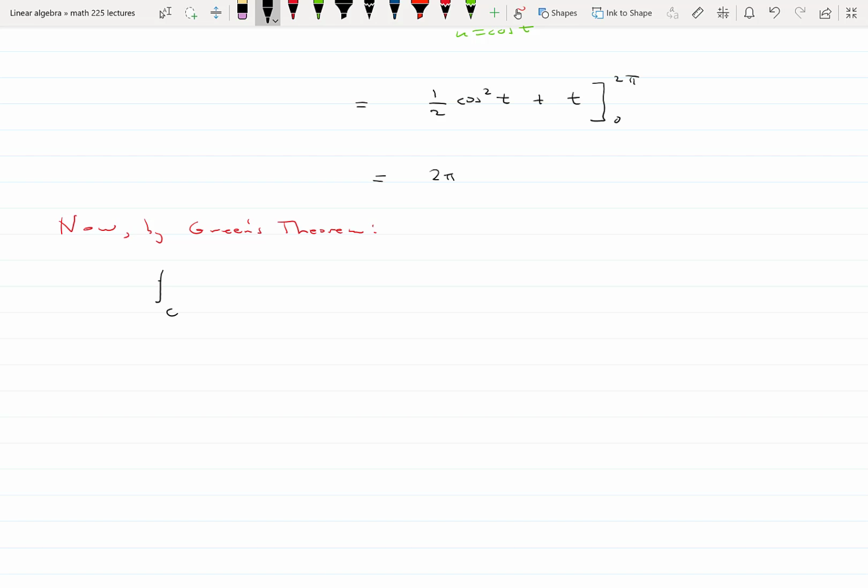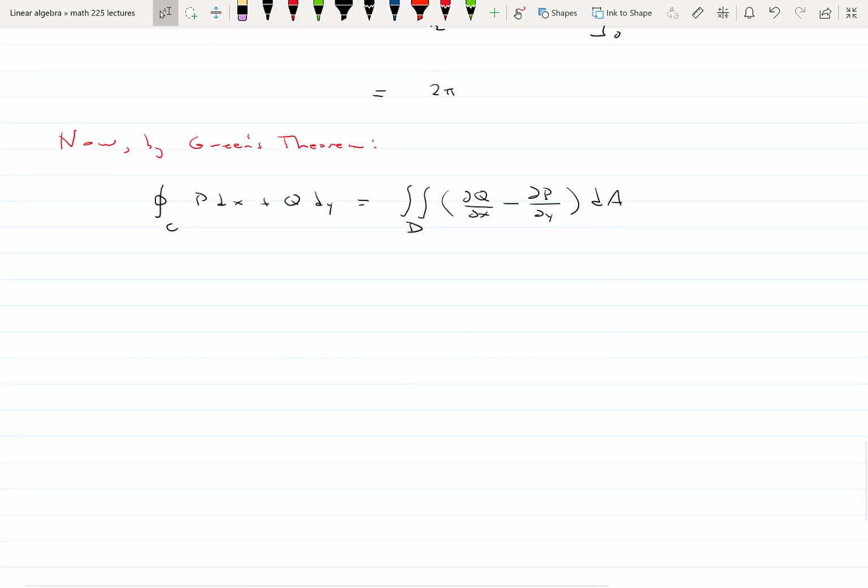Green's theorem, just to get used to it, says the integral of p dx plus q dy equals the double integral over the interior of the region of partial q partial x minus partial p partial y dA.